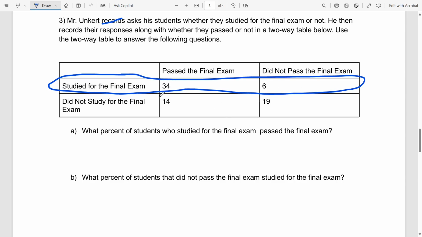And so the ones that passed are going to be 34 out of the total that studied for the final exam, which is going to be the 34 plus the 6. And then we're going to have to multiply that by 100. So it's going to be 34 divided by 40 times 100.